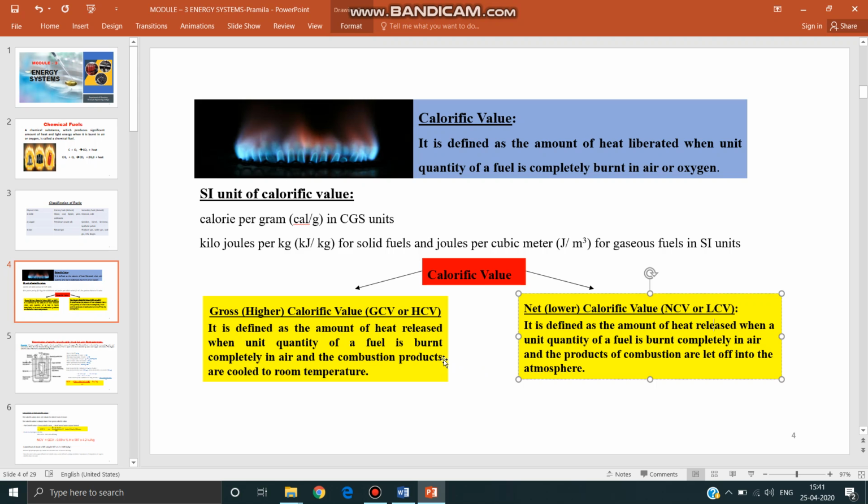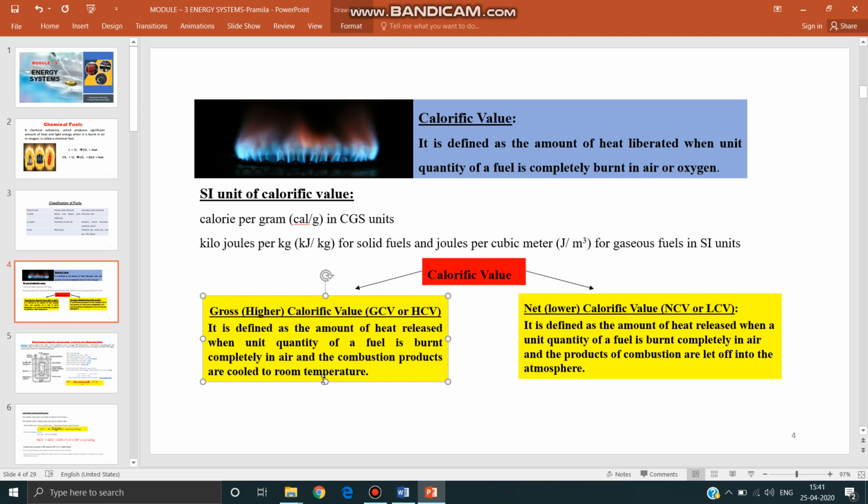Now, what is this gross calorific value? Same definition as calorific value, the difference is in the last line. It is defined as the amount of heat released when a unit quantity of fuel is burned completely in air or oxygen and the combustion products are cooled to room temperature. Since we are cooling these combustion products, the latent heat of steam is also included.